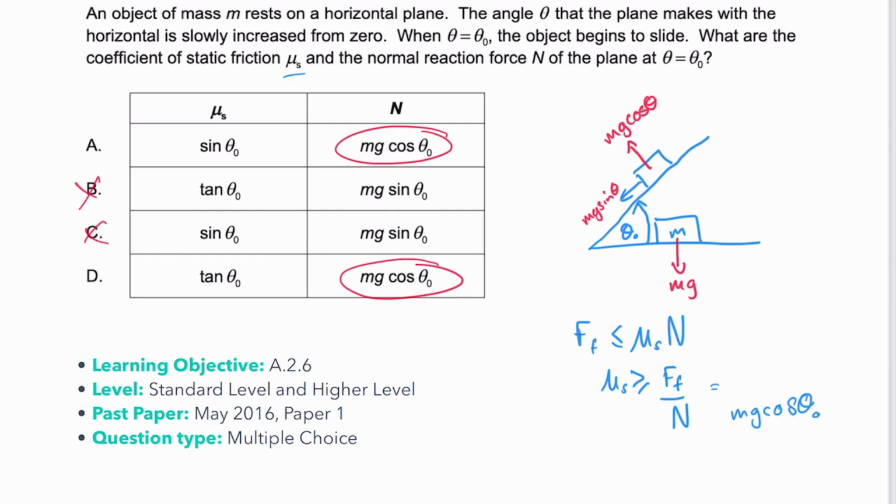And the force of friction, at the moment it started to slide, will be the same as the force down the slope. So we can have mg sine theta up here. These cancel. Sine theta over cos theta is equal to tan theta naught. So our answer is this. So the answer is D.